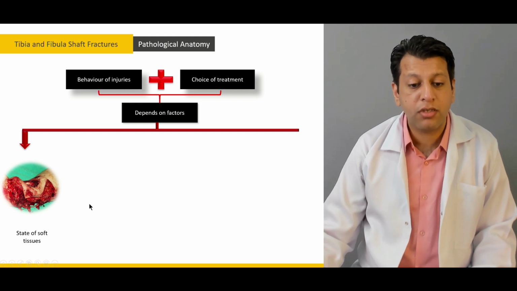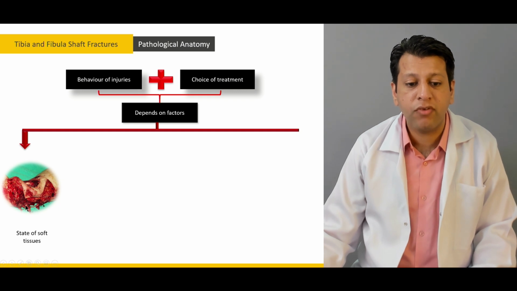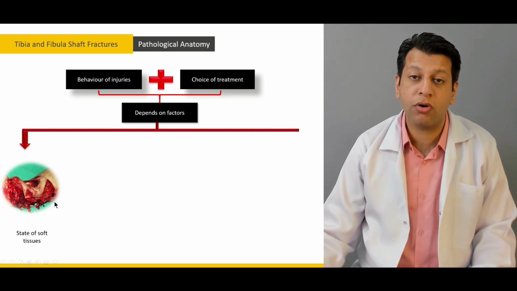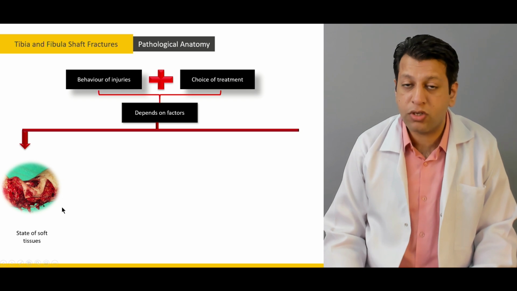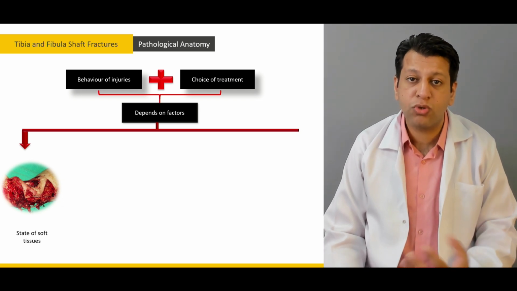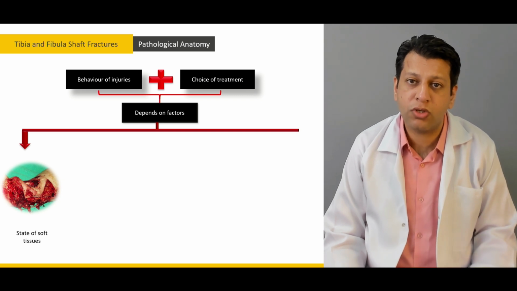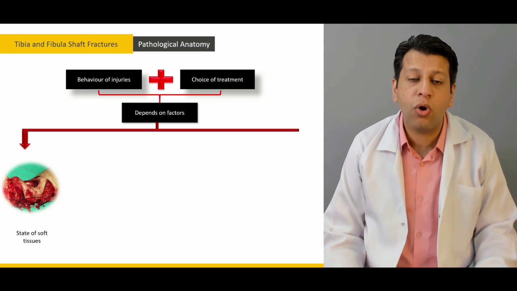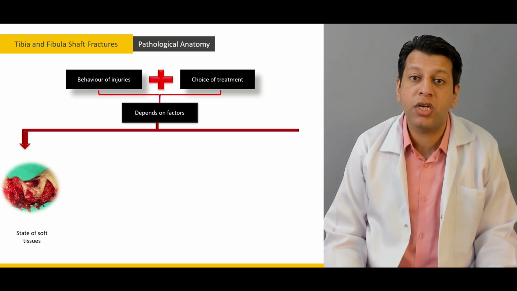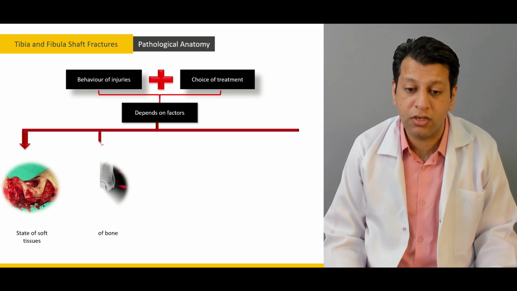Or it could be an injury in which you can see a severely degloving kind of injury. Probably this whole tissue may be necrotic as well, along with associated neurovascular compromise. So the state of the soft tissue, whether it is degloved, necrotic, or there is associated neurovascular compromise or not, also determines what type of treatment a tibial shaft fracture needs.